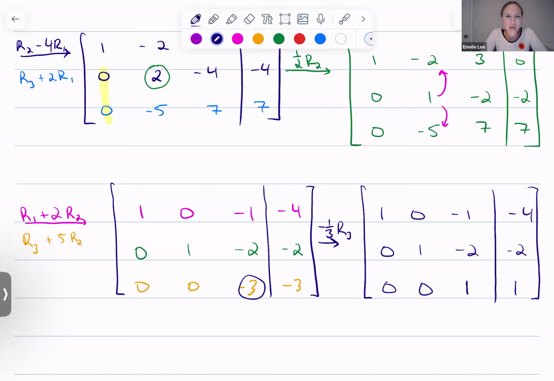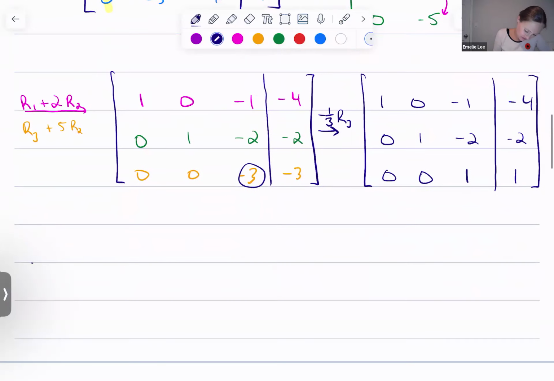Now, we're so close. Our last move. We have to pivot around this 1 to eliminate the -2 as well as the -1. This is kind of the home stretch, so let's see what we can do about it.